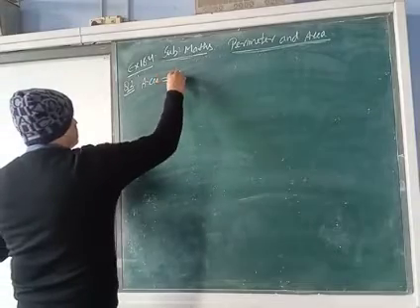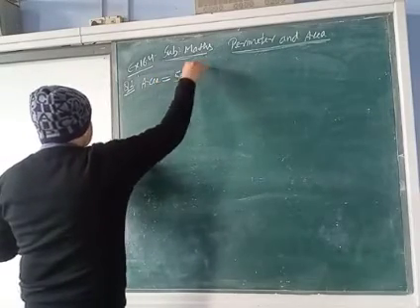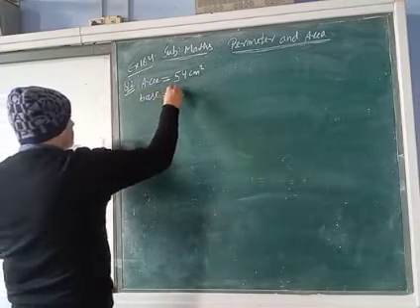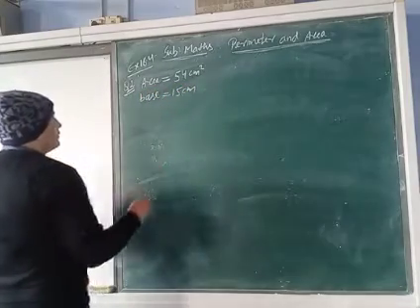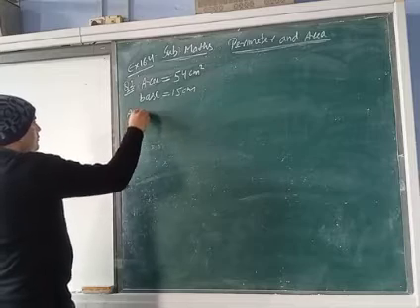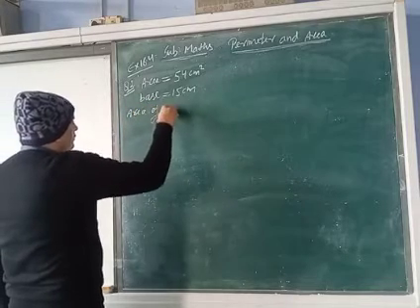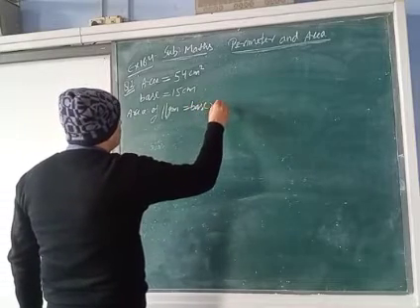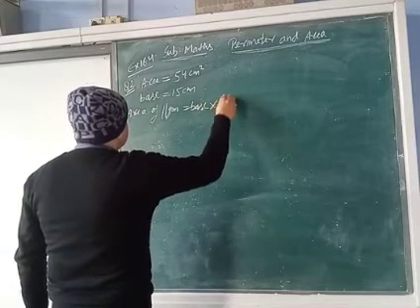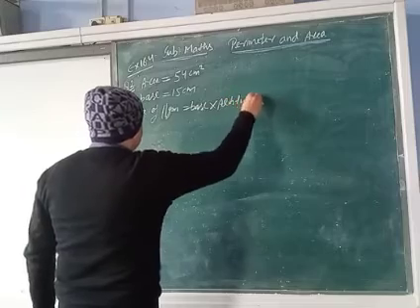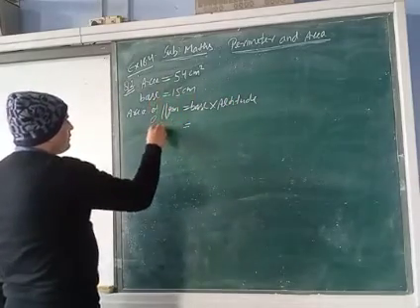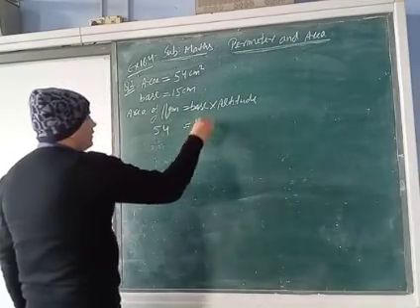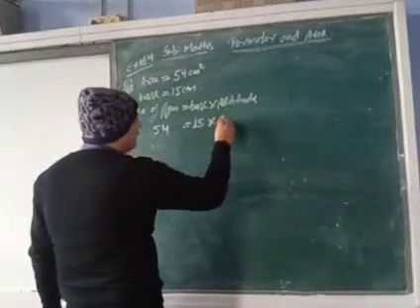Area is 54 centimeter square and base is 15 centimeter. Area of a parallelogram is base into height or altitude. Area is 54, base is 15, and what is the altitude? We have to find out the altitude.